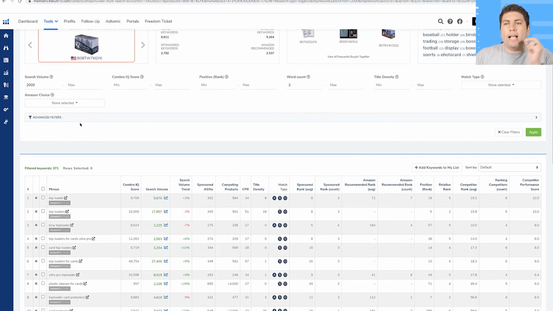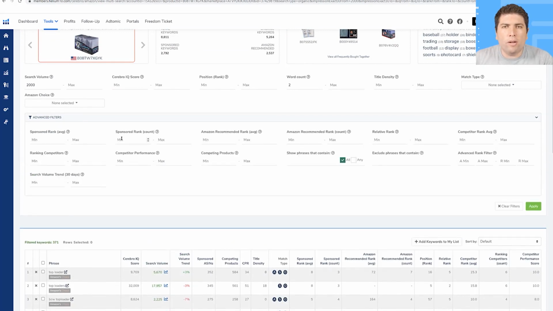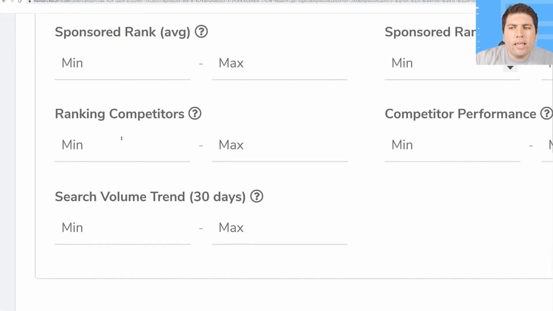Now, like I said in the other one, there are a lot of keywords that maybe are only relevant to one product, like the brand name of those products. I don't want to consider those if I'm looking for something that's relevant to the niche overall. Here's a great way to do that: ranking competitors. What does this mean? I'm going to tell Helium 10, don't show me the keywords that any one of these 6 products is ranking for.